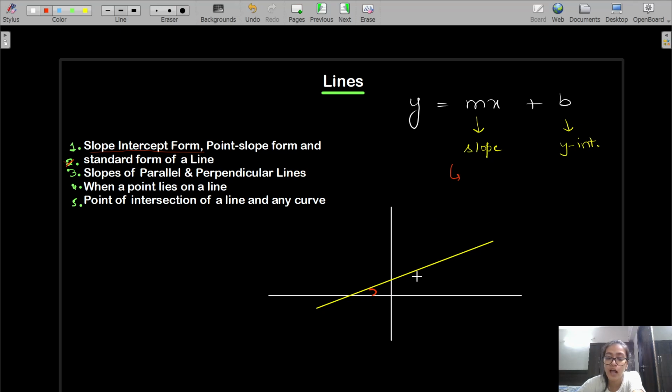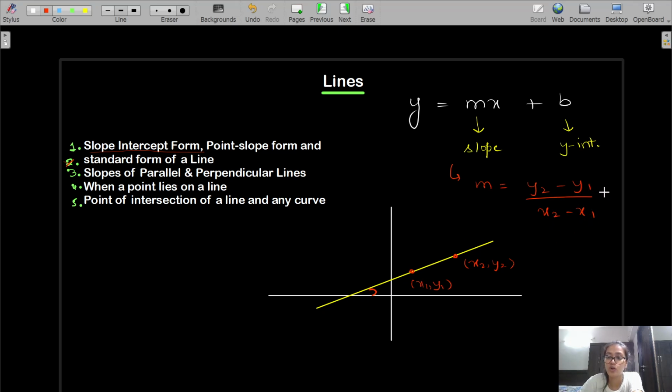What we do is we take any 2 points on the line. Let's say that this point has coordinates x1, comma y1, and this point has the coordinates x2, comma y2, and then the slope, which is m, can be found by using this formula, y2 minus y1 over x2 minus x1.